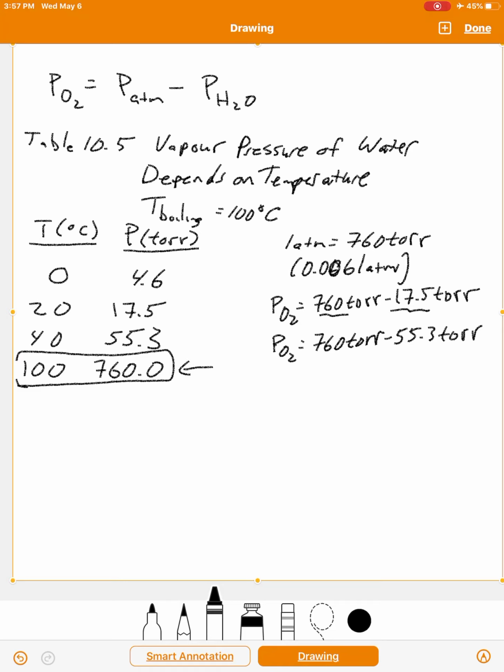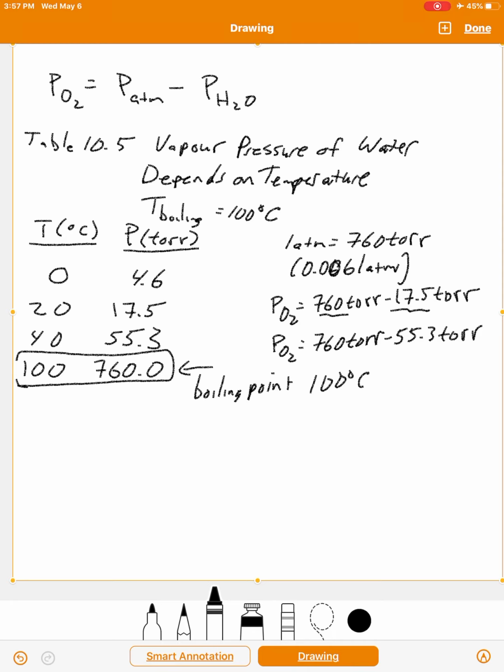Okay? So the vapor pressure of a liquid increases with temperature until you reach the boiling point, 100 degrees C for water. We're just talking about water in this case. At the boiling point, the vapor pressure is equal to an atmosphere, 760 torr.